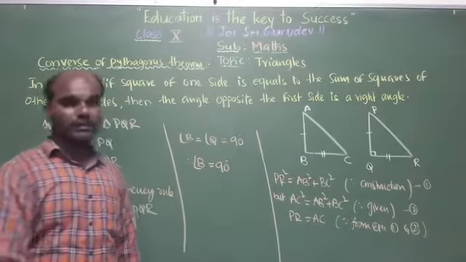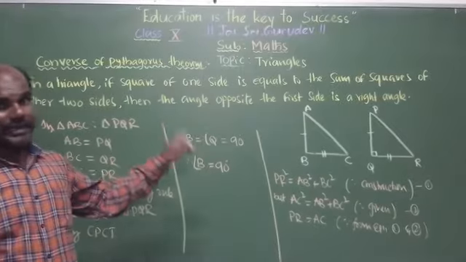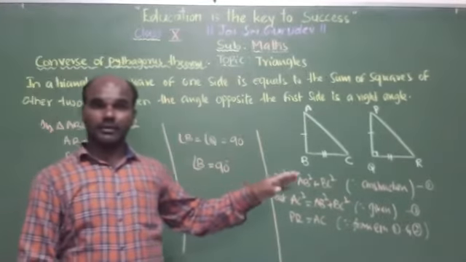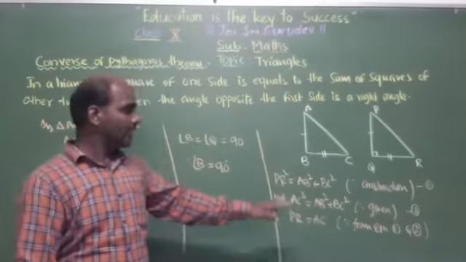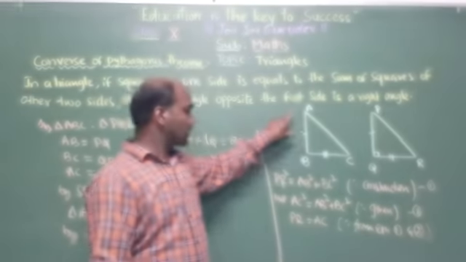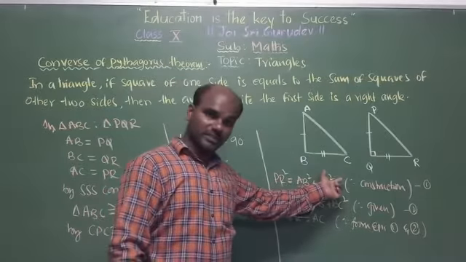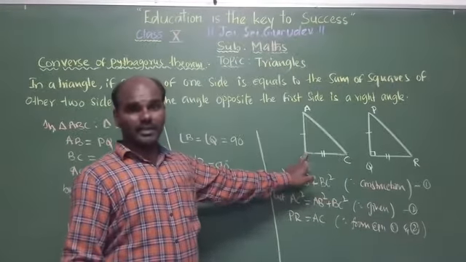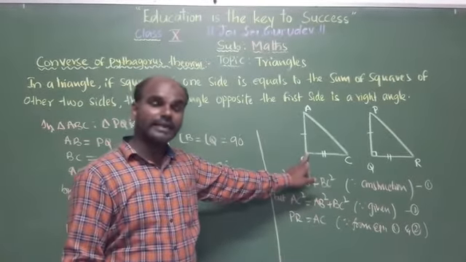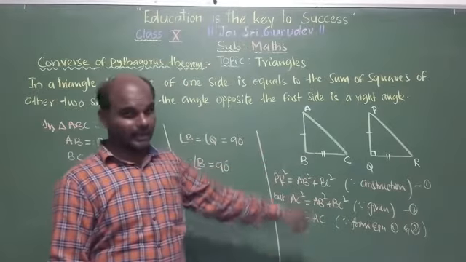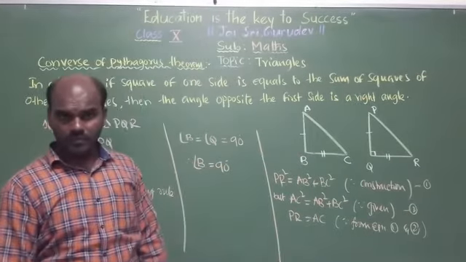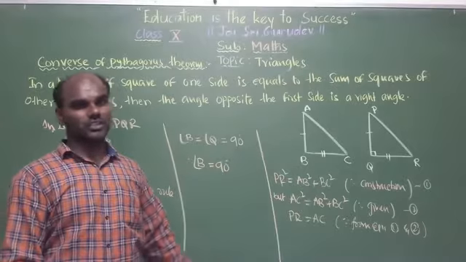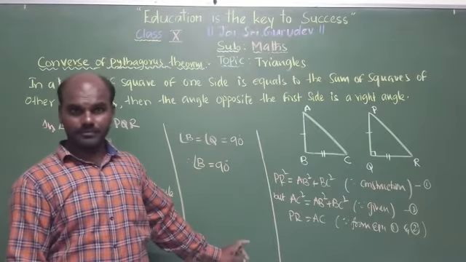And conversely, in a triangle, if the square of one side is equal to the sum of the squares of the other two sides, then the angle opposite that first side must be 90 degrees, a right angle. You should all understand this concept now.